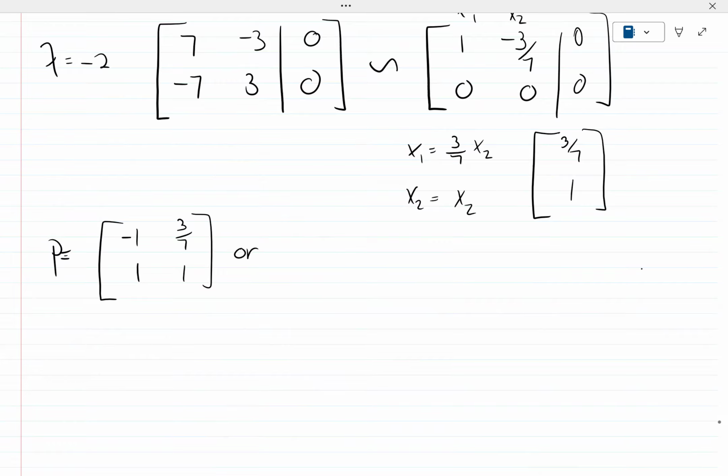Like on this one, if you don't want the fraction, you can multiply both sides by 7 or factor out a 1/7, and you would get this matrix.